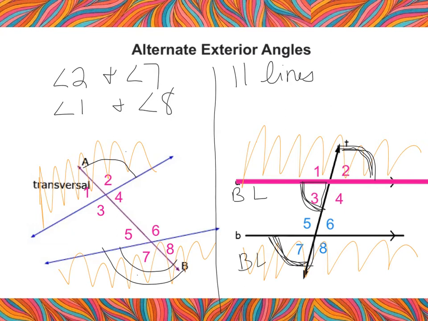So 3 and 7 are corresponding angles. Again, if 2 is congruent to 3 and 3 is congruent to 7, then 2 and 7 must be congruent. So our special relationship is that all alternate interior angles are congruent when the lines intersected by the transversal are parallel.